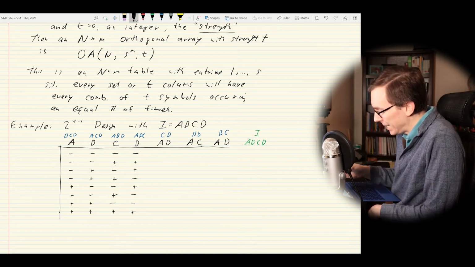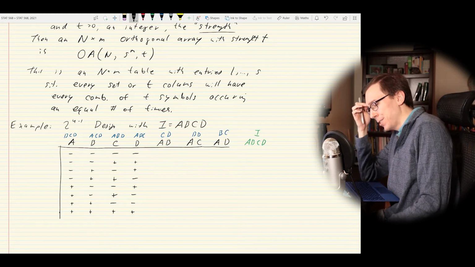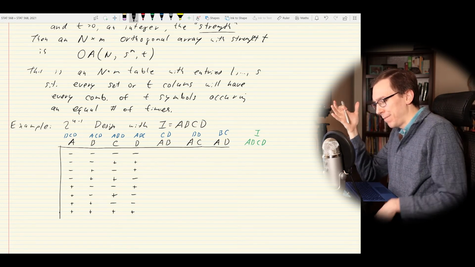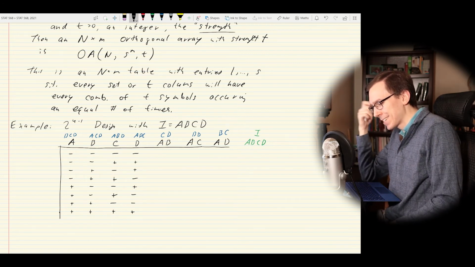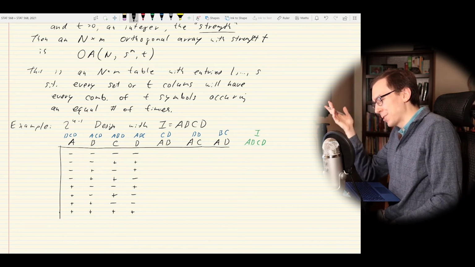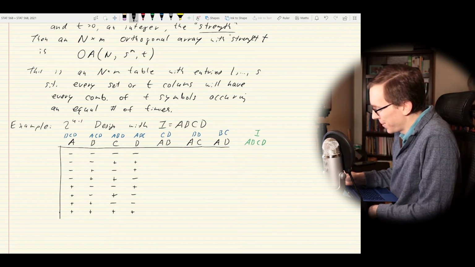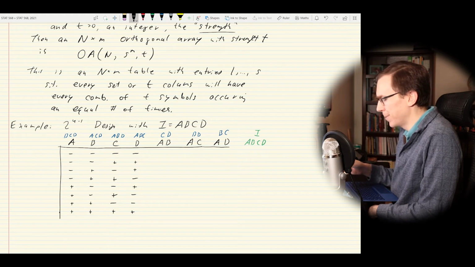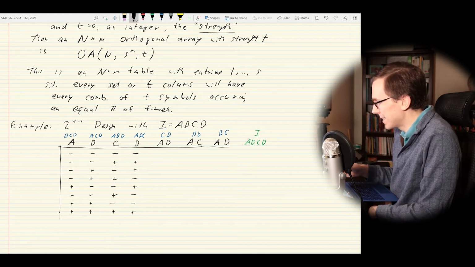We have AB, which is the interaction between A and B. You can get these other ones too, by effectively extending the table and considering these aliasing relations. I already skipped that step just because I don't want to write out 2^4, 16 columns and try to delete a bunch of them.